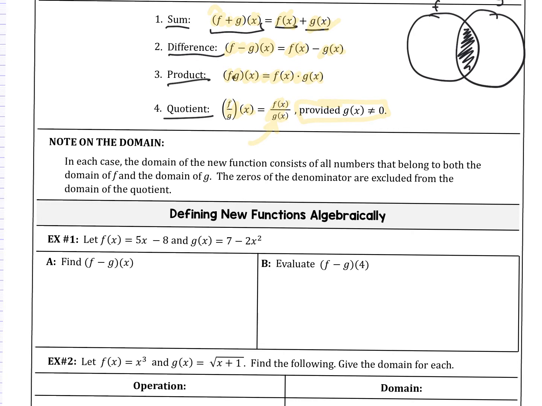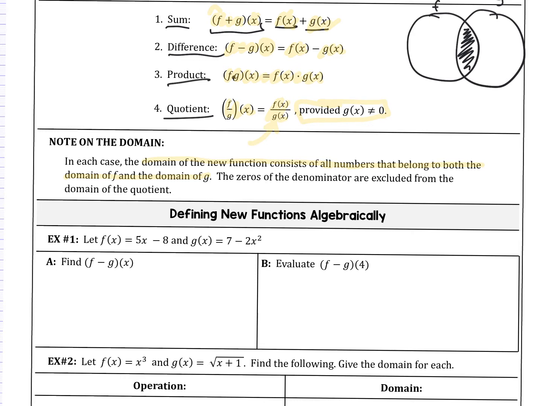The note on the domain here says, in each case, the domain of the new function consists of all numbers that belong to both the domain of f and g. The zeros of the denominator are excluded from the domain of the quotient.